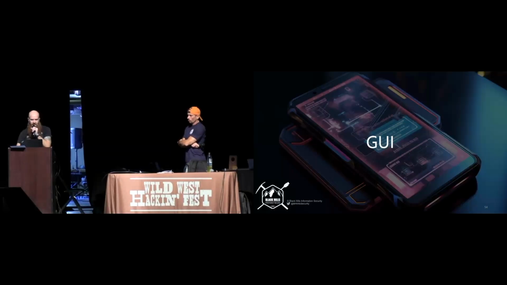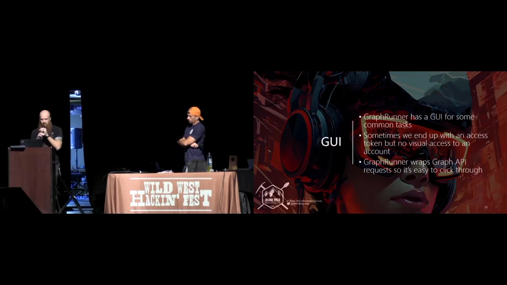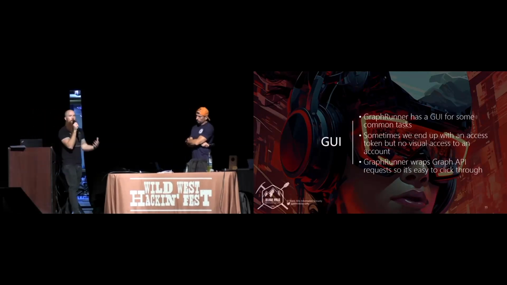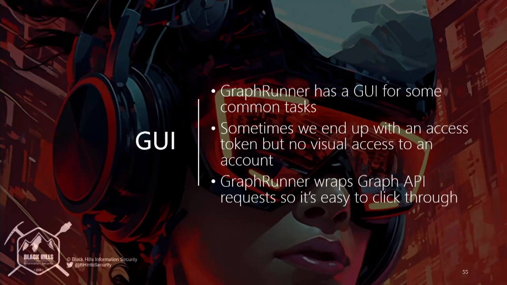The last thing is there's a GUI. When you're doing a pen test and you're phishing users, especially with the way Microsoft's token system works, we're oftentimes looking at an access token and a refresh token. And yes, the API-based requests are great, but occasionally, just being able to click through a user's email or OneDrive becomes really, really useful.